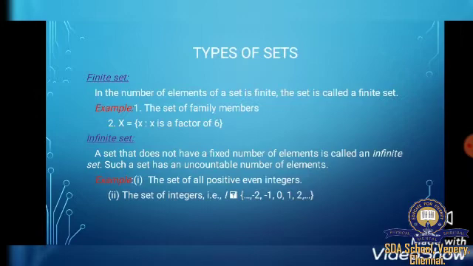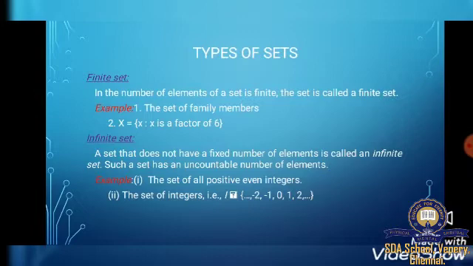An infinite set is a set that does not have a fixed number of elements. It is called an infinite set, which is a set with uncountable number of elements. For example, the set of all positive integers.